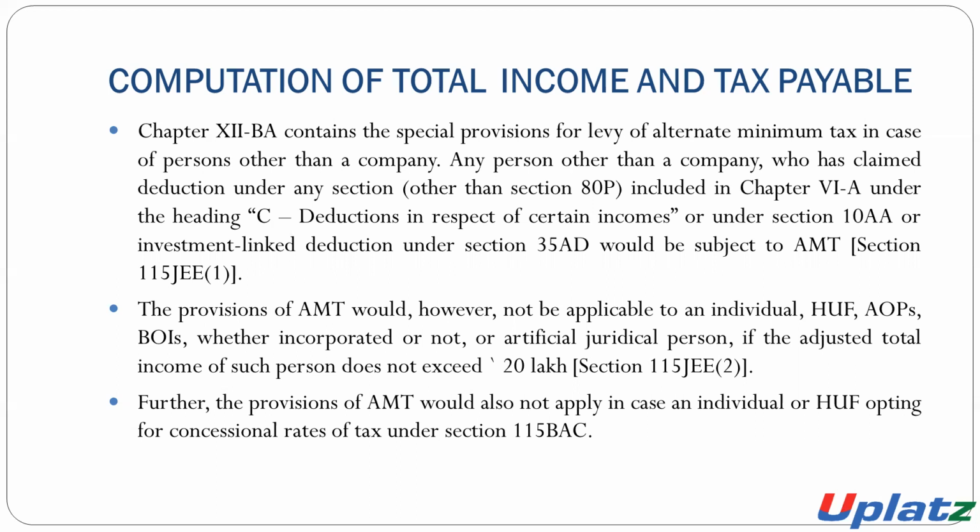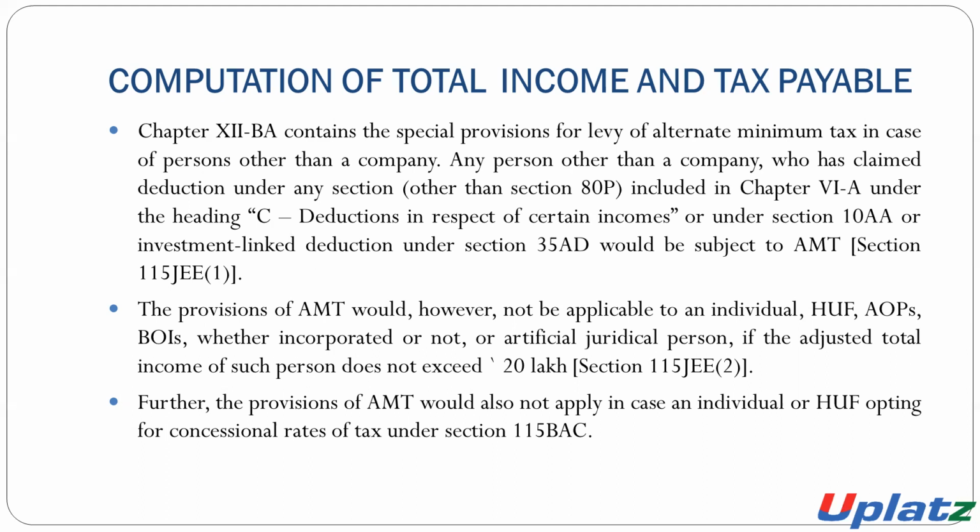The provisions of AMT would, however, not be applicable to an individual, HUF, AOP, BOI, whether incorporated or not, and any artificial juridical person if the adjusted total income of the assessee does not exceed 20 lakh.